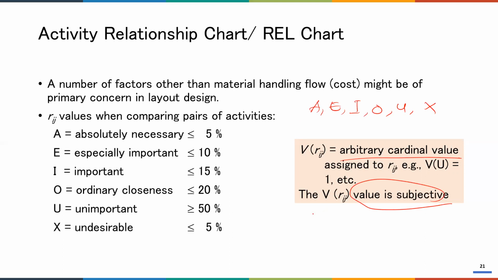into the cardinal value by assigning a subjective value. So before, RIJ is the closeness rating, then we have FRIJ, which is the value for those closeness ratings. And because this value is quite subjective, you can actually assign any kind of value.